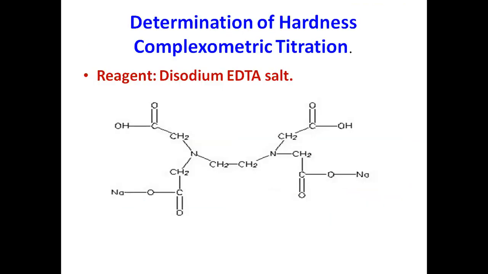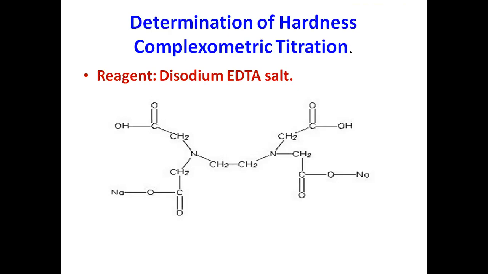So how can the hardness be determined? Disodium EDTA salt can be used in order to determine the hardness of the water. A simple disodium salt can be used in order to determine the hardness. Okay. Now let's see. I hope everyone knows the EDTA structure. It is a very simple structure. It forms six coordinate bonds with the central metal cation, and complexes the calcium or magnesium metal.